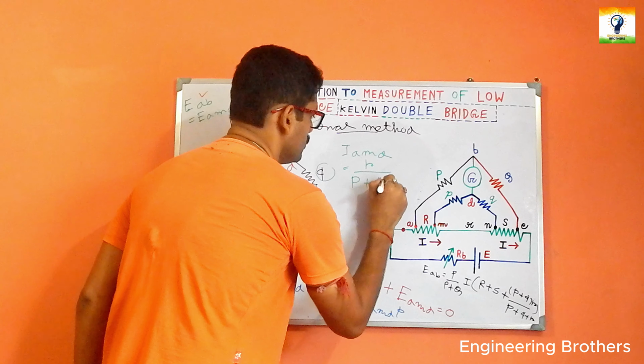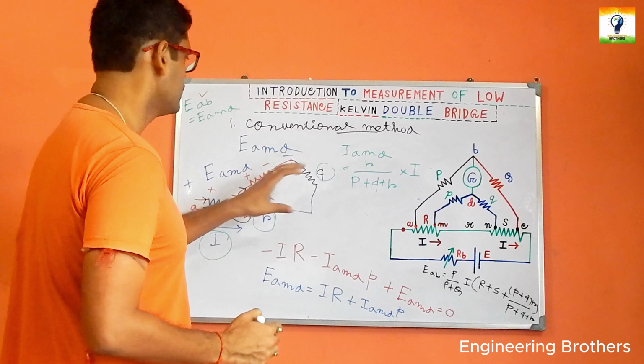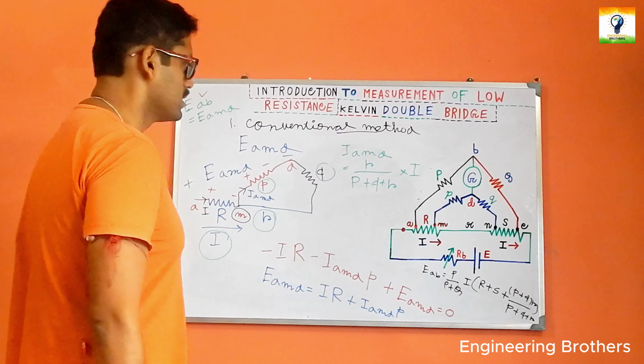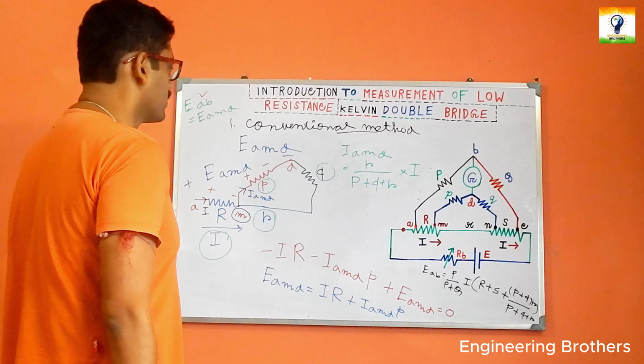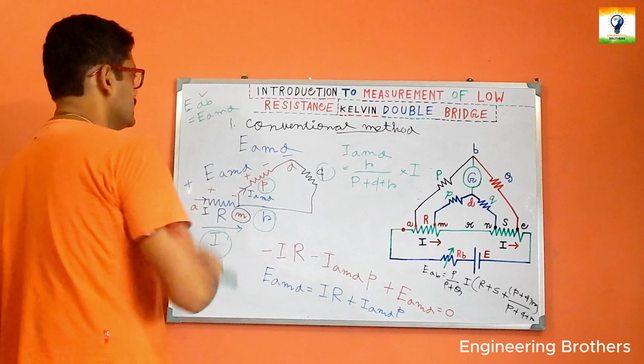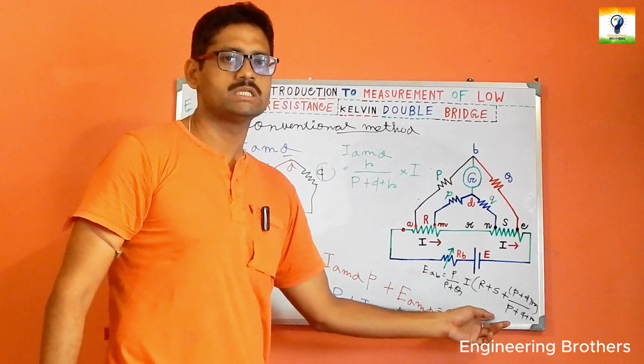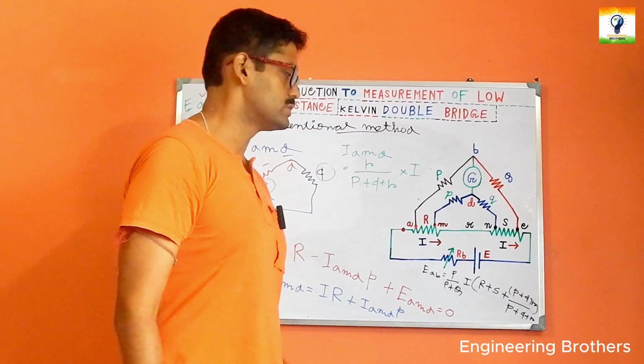I want to repeat once again. First, we have drawn the circuit, and our ultimate focus is to find out the voltage EMD, because in our previous part we have already got the EAB. So this is the expression, and how did I reach that expression?